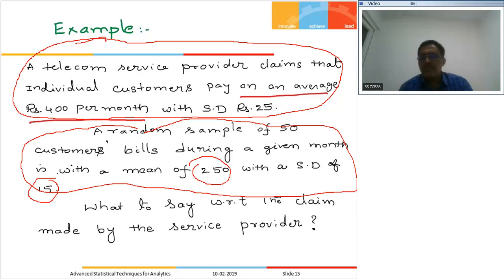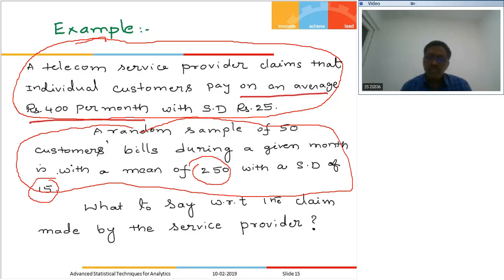What is the next step? Now we want to validate whether the sampling outcome is true or not, whether it supports what they claim. This is what we call testing of hypothesis. So what to do here?